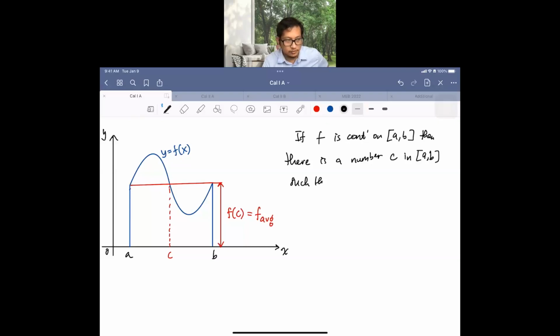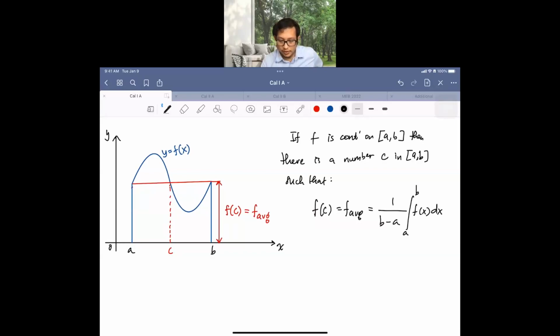such that f(c), or the f average, is equal to 1 over b minus a times the integral of f(x) dx.